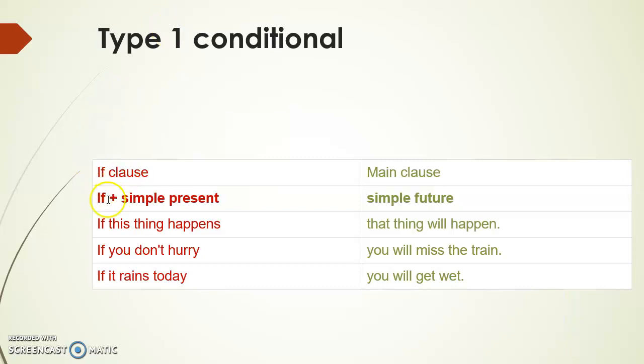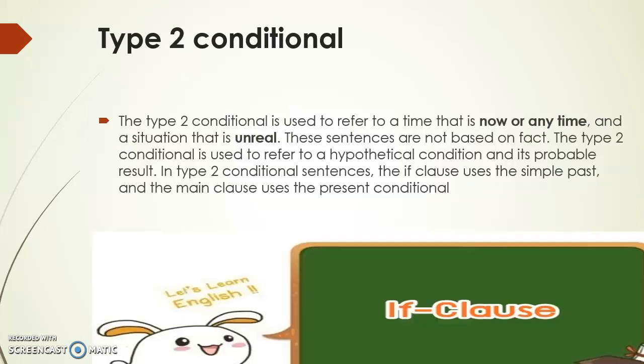Like, if this thing happens, that thing will happen. If you don't hurry, you will miss the train. If it rains today, you will get wet. The first part in simple present, the next part in simple future.